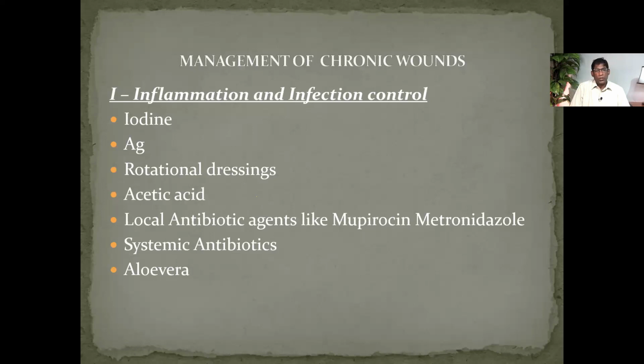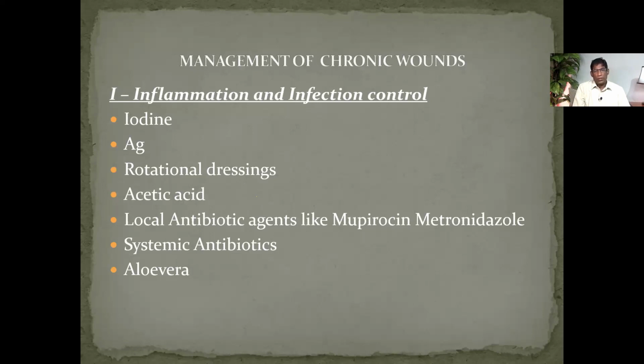In some patients where other treatment is necessary, I touch the acetic acid for about 5 minutes and then do the other dressings. Local antibiotic agents like mupirocin and metronidazole are used.